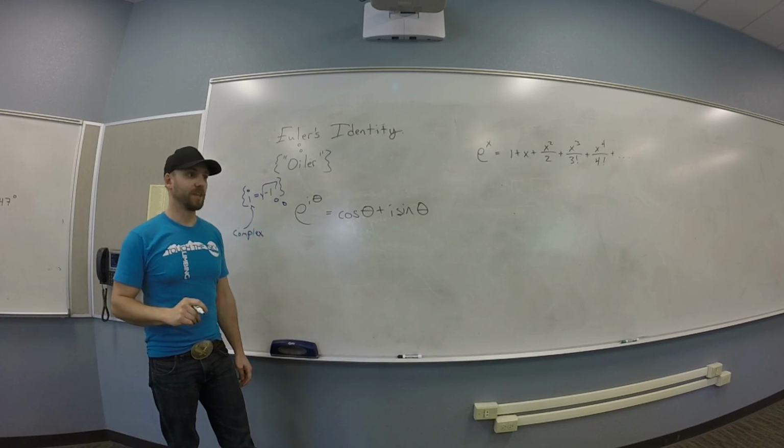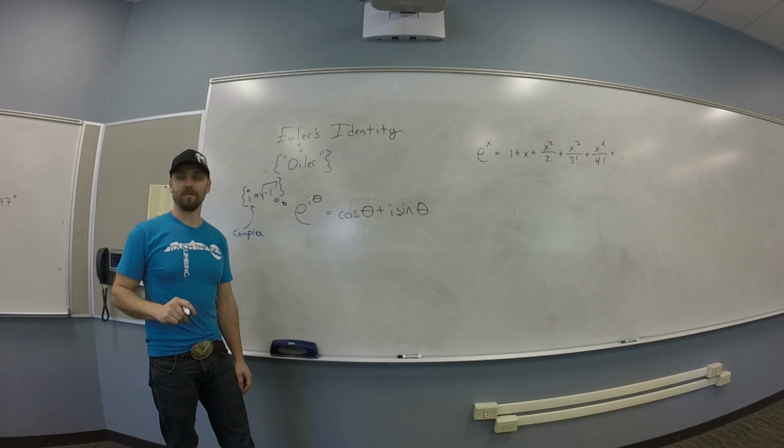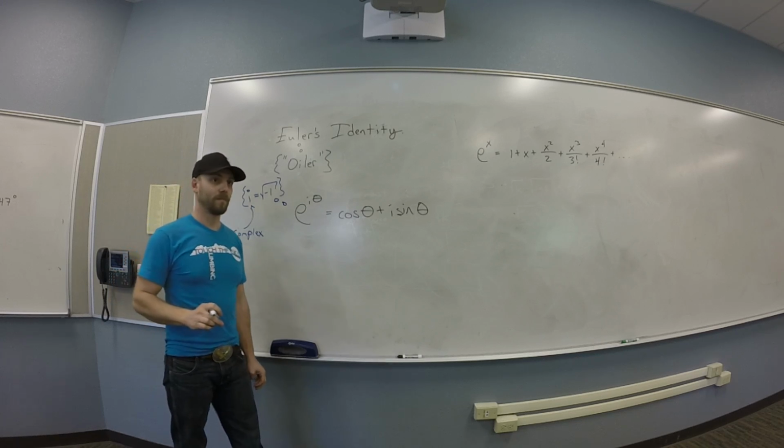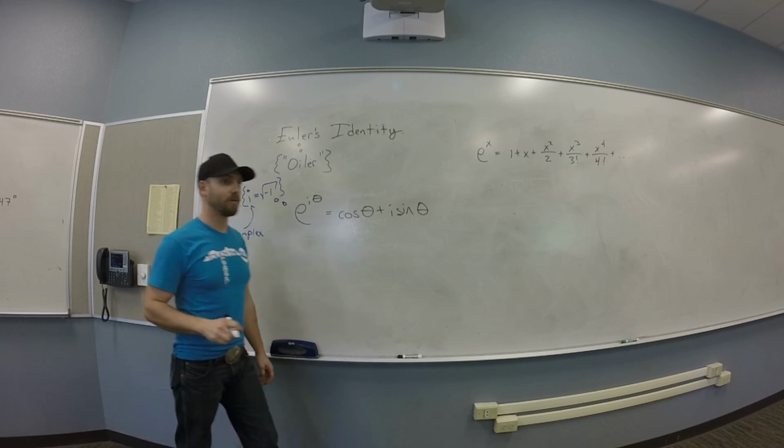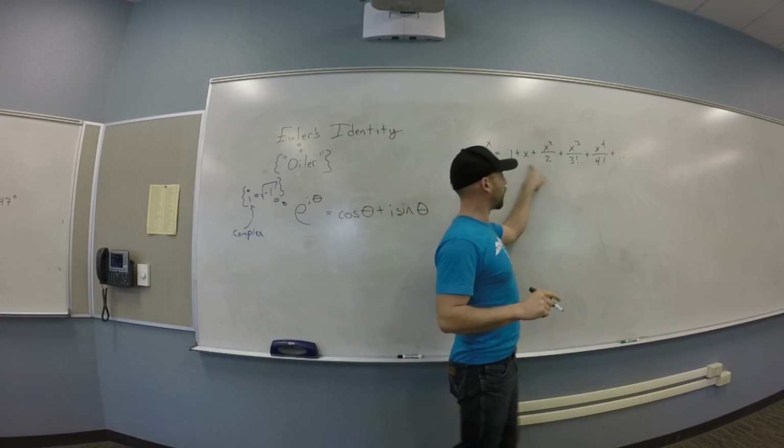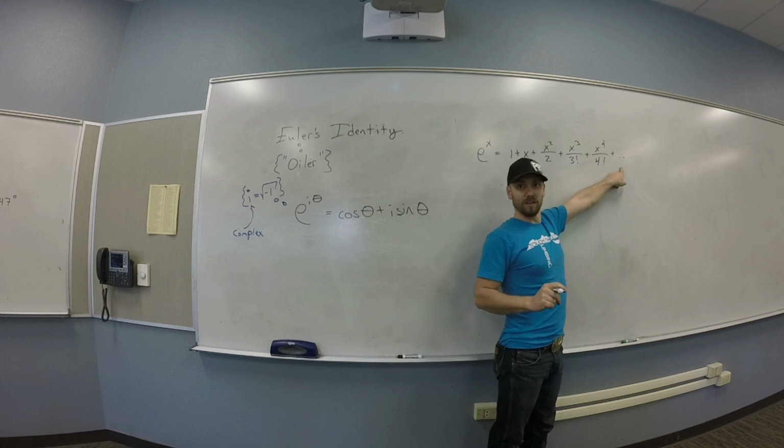You can trust me that that'll happen. That's actually not a particularly easy thing to know. Also, please note, this is not a polynomial, even though it looks like one.